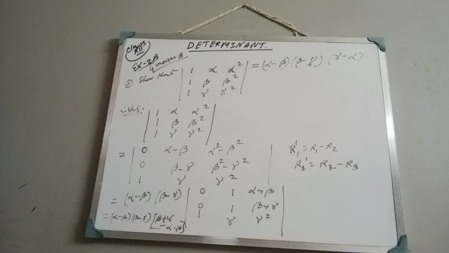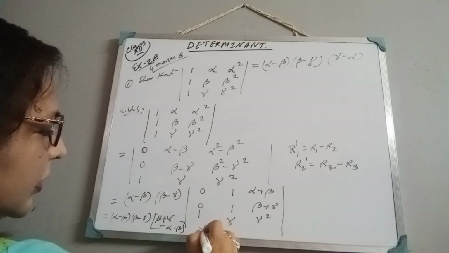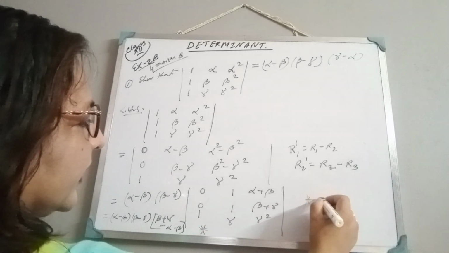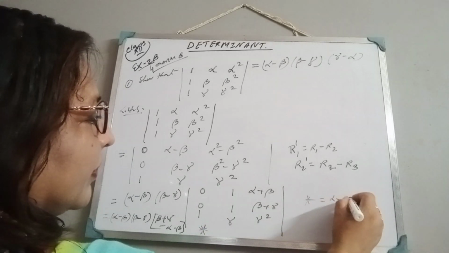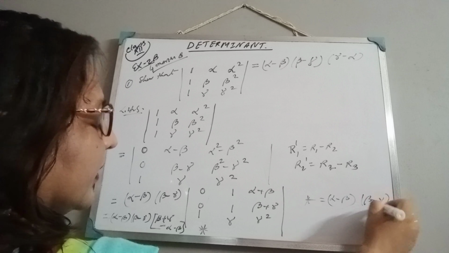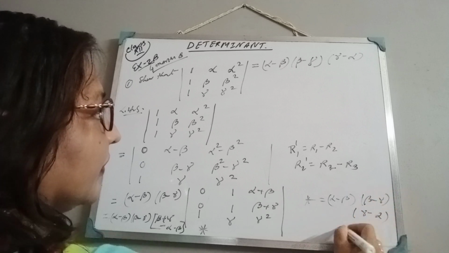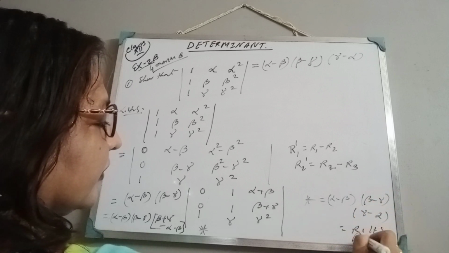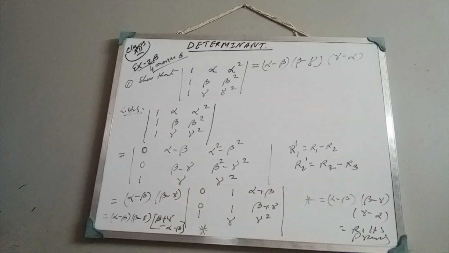Beta minus beta will be cancelled. So we will get alpha minus beta, beta minus gamma, and gamma minus alpha, which is equal to the right hand side. That is proved.